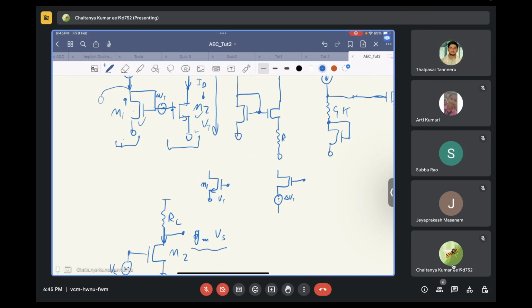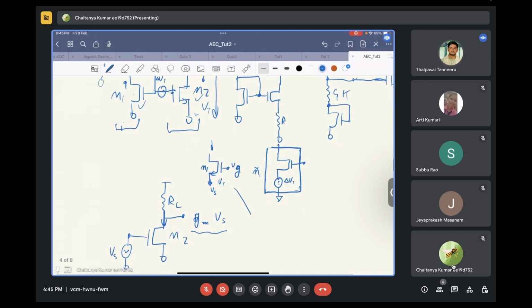Add a voltage source of delta Vt at the source of this particular transistor, and call this complete block one single transistor, a mismatch transistor. If you apply some VGS over here, and now let's say you apply some VS at the terminal of transistor M1, what will be the current in this?